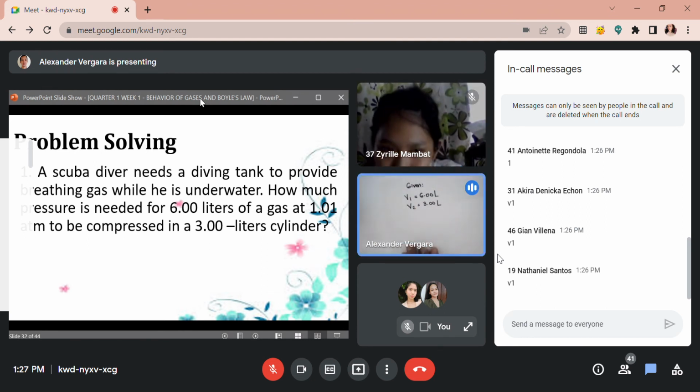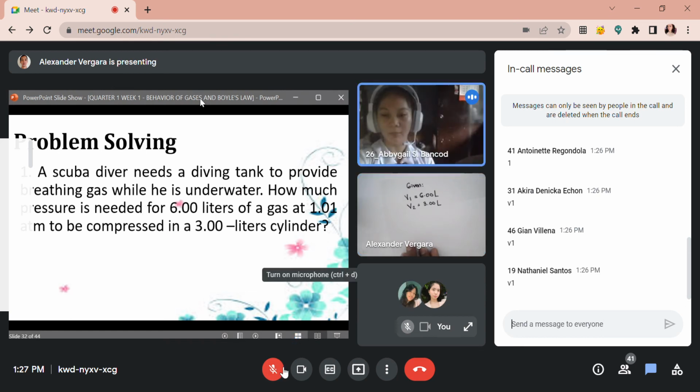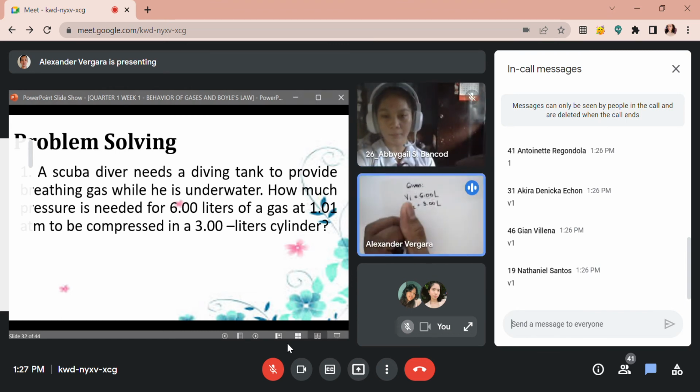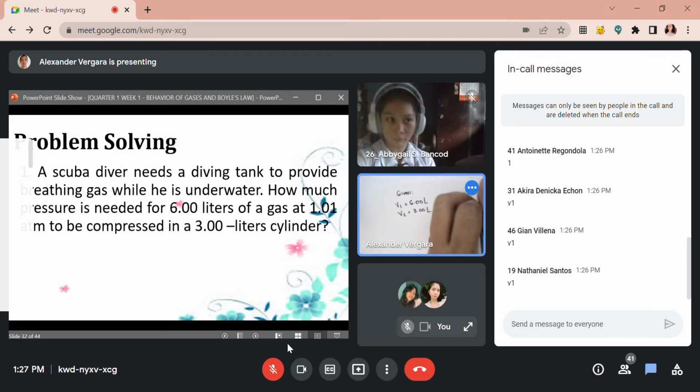Okay, what else are the given here? 1.01 ATM. What is that 1.01 ATM? Pressure 1, P1. Okay, we have our P1, that will be 1.01 atmosphere.